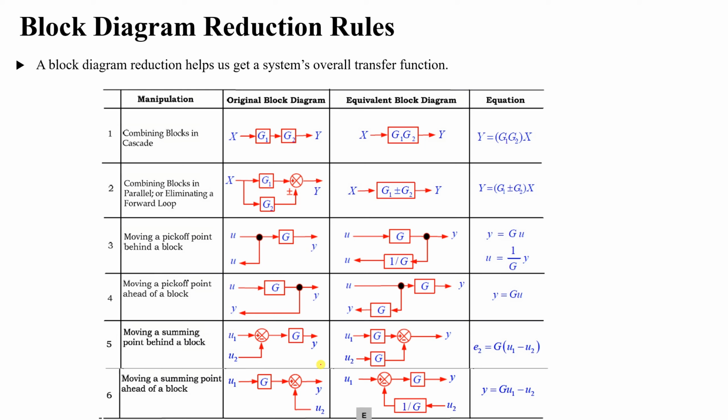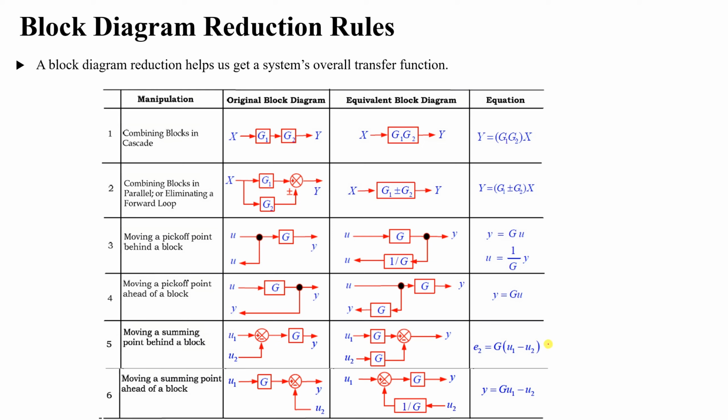Now what if I would like to move this summing node from this point to here, after the gain, close to Y? So how can I do this? If I move this point here, then this gain will be distributed across these so that we can get the same solution.